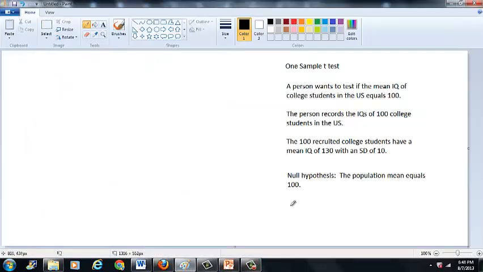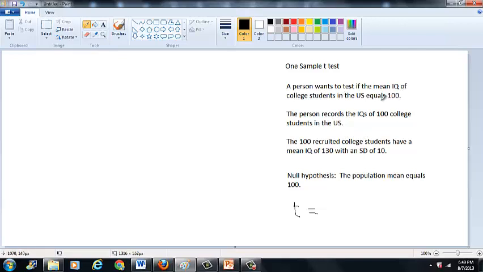So let's see if we can calculate that t-score, which is the test statistic in a t-test. That's why it's called a t-test, actually. And in another type of test, like an f-test, the test statistic would be an f-score.